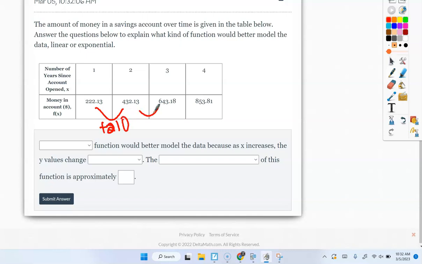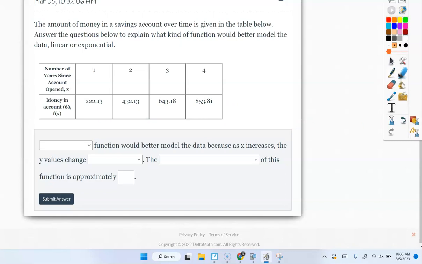And then here I'm going to do 643.18 minus 432.18, and I get 211. These are very close. They're not exactly the same, but it's not that big of a difference. So 853.18 minus 643.18, I get 210. So it's constantly around a very similar amount here.